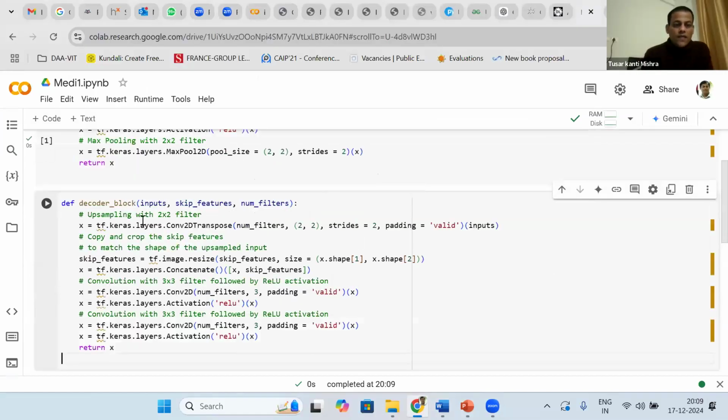Here the upsampling activity with a 2x2 filter, and again convolution here through the 2D convolution feature. We are doing padding as well because we are not going to lose the size of the image. We are using ReLU, again convolution with 3x3, and one more time ReLU. Let us run this.